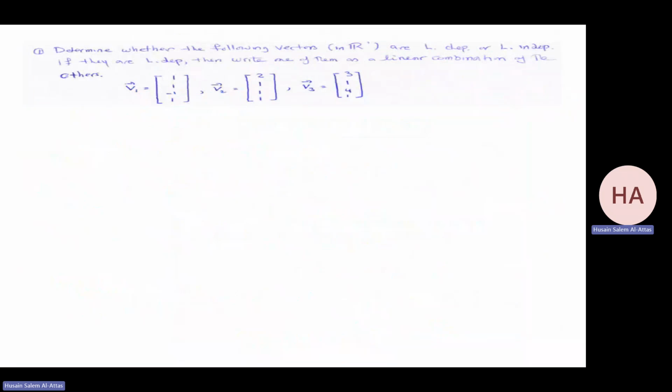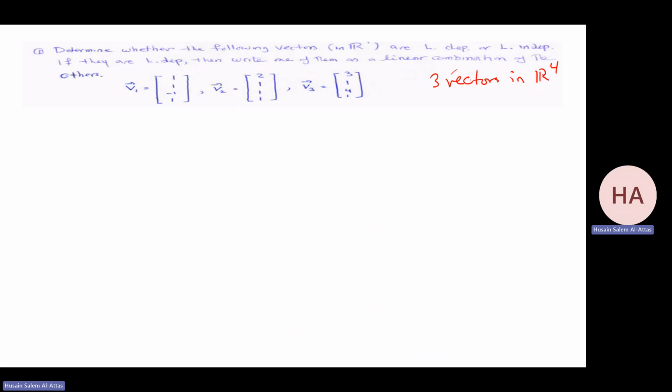Okay, what we have here, determine whether vectors are linearly dependent or linearly independent. If they are linearly dependent, then write one of them as a linear combination of the others. Okay, how many vectors do we have? 3 vectors, in R4. 3 vectors in R4.